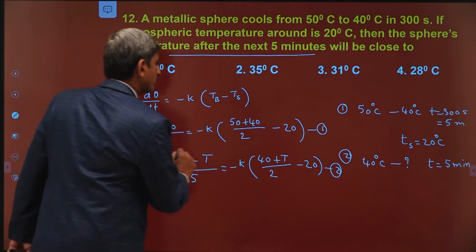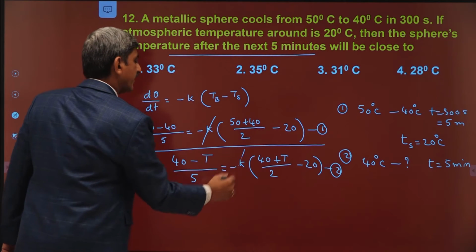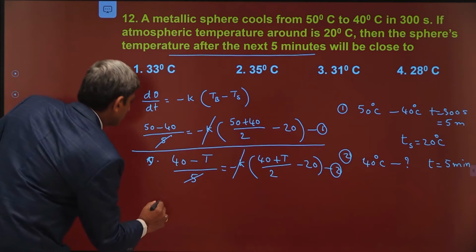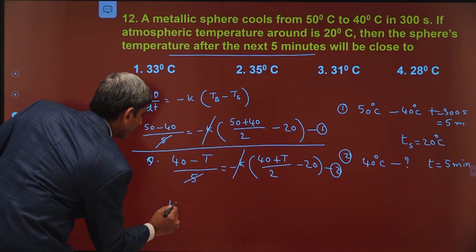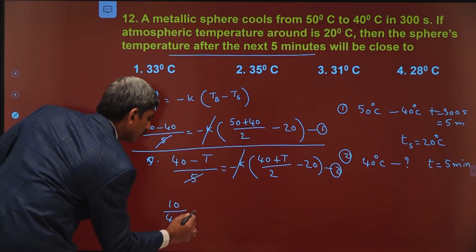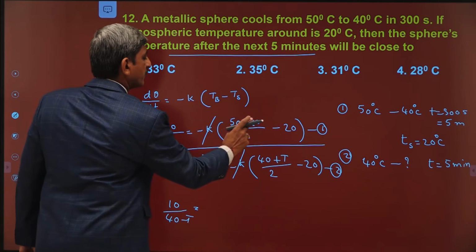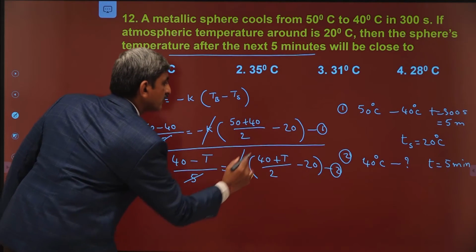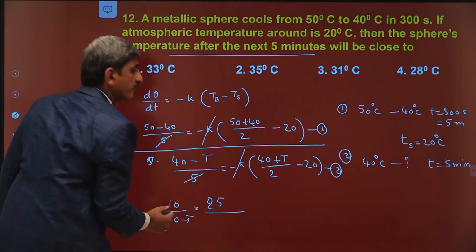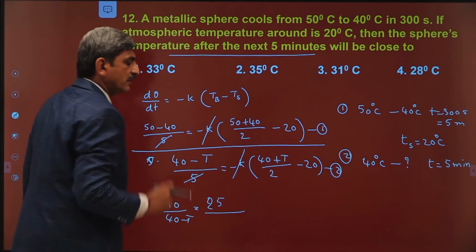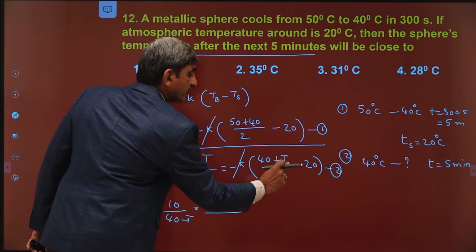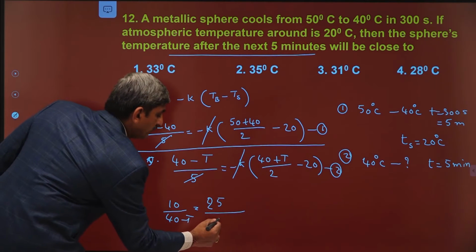So if we take equation 1 by 2, this minus k cancels, 5 cancels, and it becomes 50 minus 40, 10 divided by 40 minus T, is equal to 50 plus 40 by 2, which is 45, minus 20. 45 minus 20 is equal to 25, divided by, taking LCM for this, it becomes 40 plus T minus 40 by 2, that is equal to T by 2.